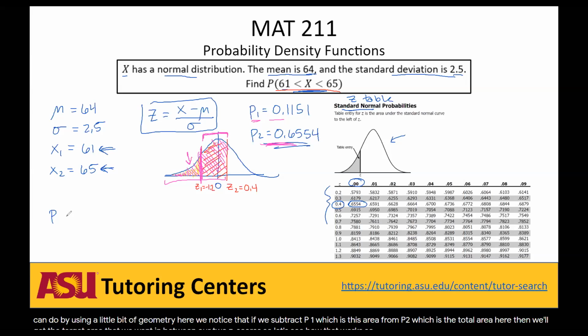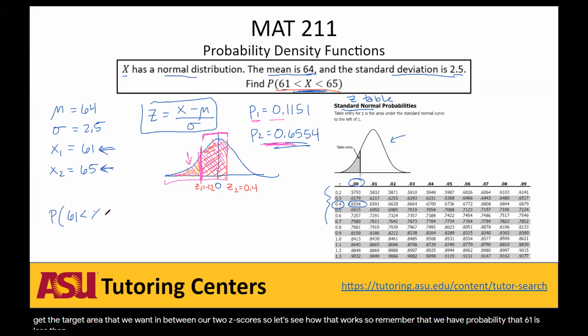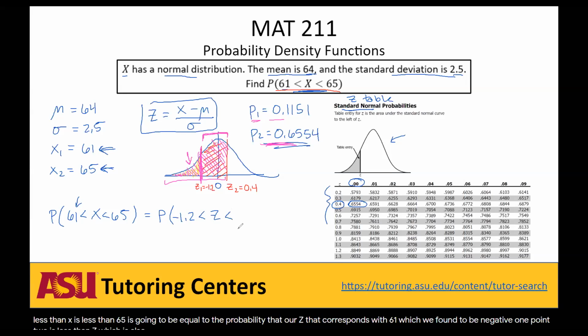So remember that we have the probability that 61 is less than X is less than 65 is going to be equal to the probability that our Z that corresponds with 61, which we found to be negative 1.2, is less than Z, which is also less than 0.4, which is the Z-score that we found that corresponded with 65.